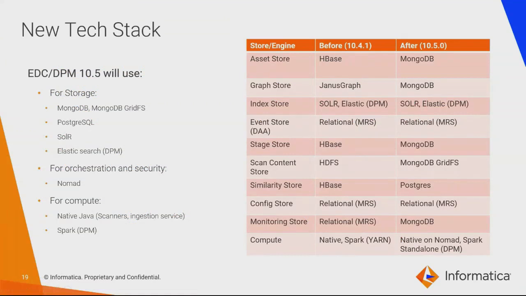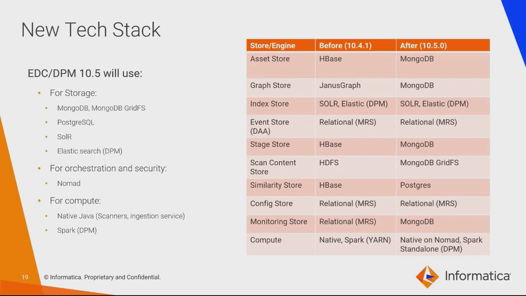As Devashish mentioned, we are replacing the Hadoop stack that we were relying on in EDC prior to version 10.5. With this Hadoop stack, we were leveraging the distributed compute capabilities of the Hadoop cluster, as well as the columnar storage through HBase.